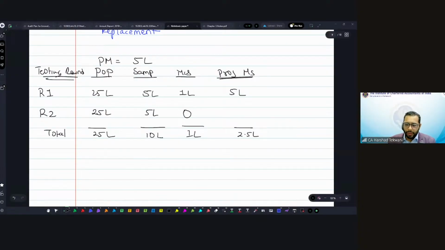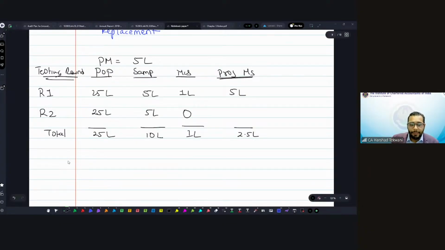Just let me do a quick calculation. Yeah, 2.5 lakh. Is it material now? No, not material.